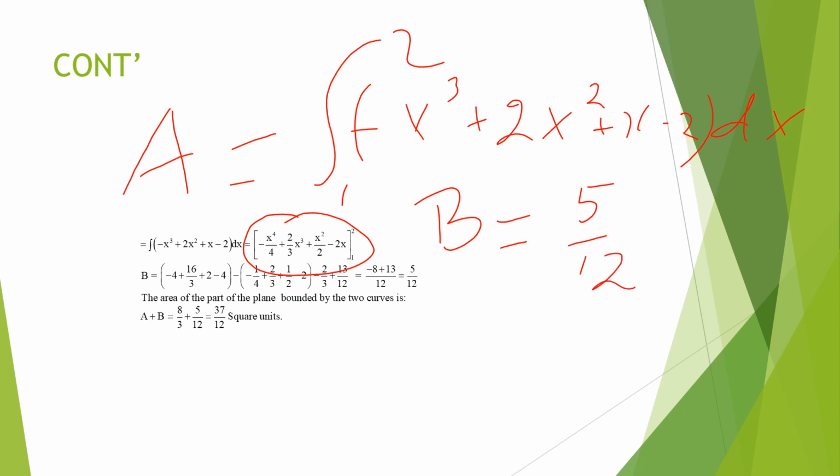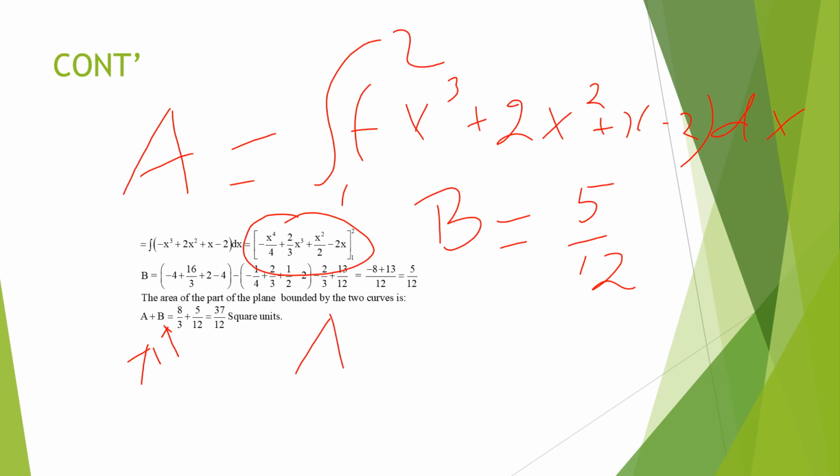So remember that the area we are looking for is formed by the area from -1 to 1 plus the area from 1 to 2. So we have the one from -1 to 1, this one, and this one from 1 to 2.